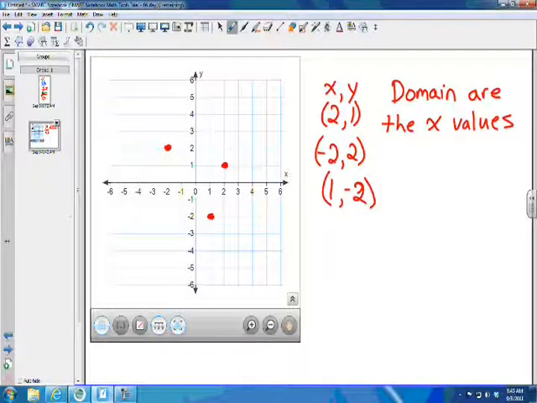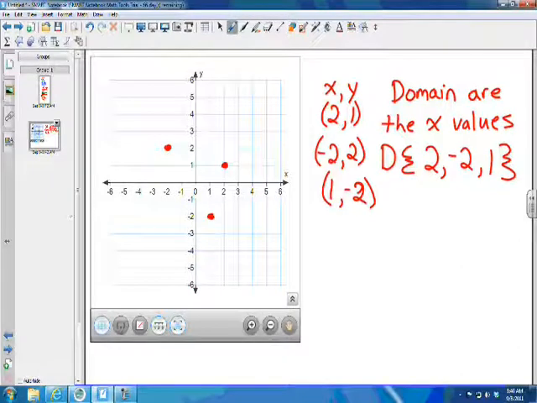So the way you will write that on your homework, when it asks for the domain, put the D, and little braces, you can work on making those. And what are the X values? If this was your problem over here, what are your X values? 2, negative 2, and 1. Very good. And you just list them.